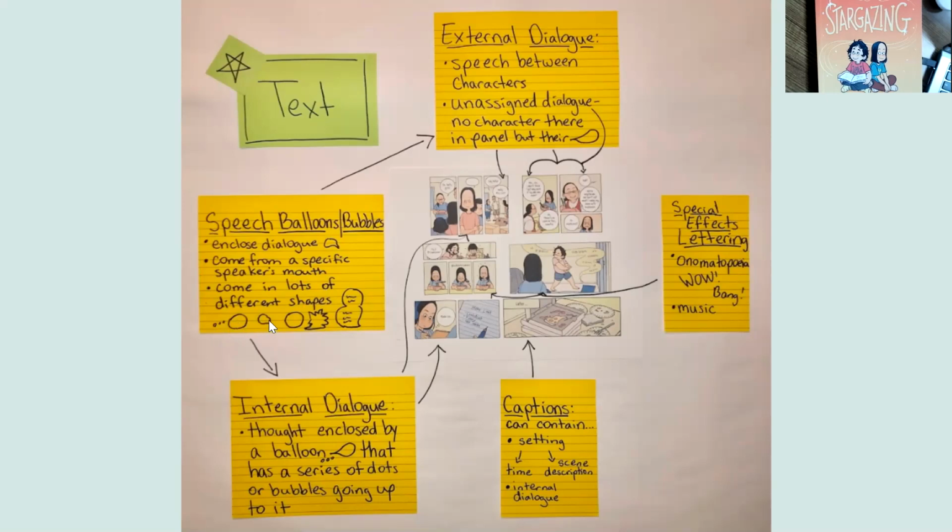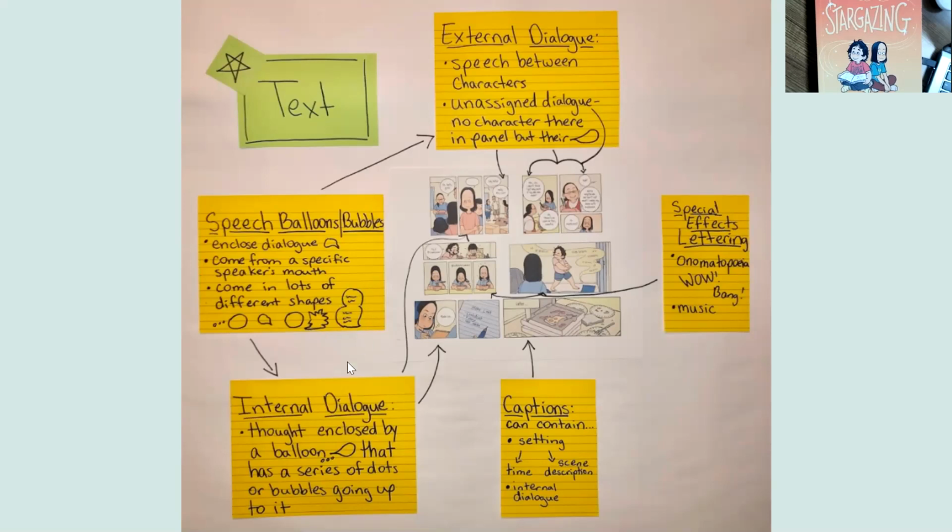We could also have a jagged or ridgy speech bubble, a very smooth one, one that is also sharp. These different speech bubbles, remember we talked about how different shapes of speech bubbles can also show us how a character is trying to say something or how a character is feeling. So it's important to look at those speech balloons or bubbles and also look at the shapes that they are in.